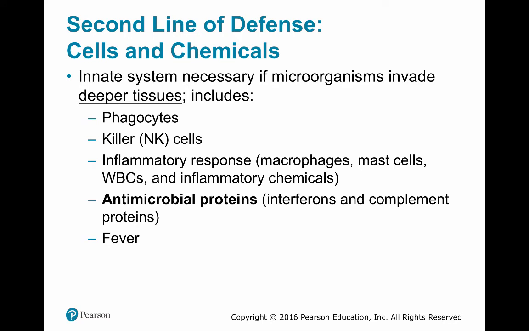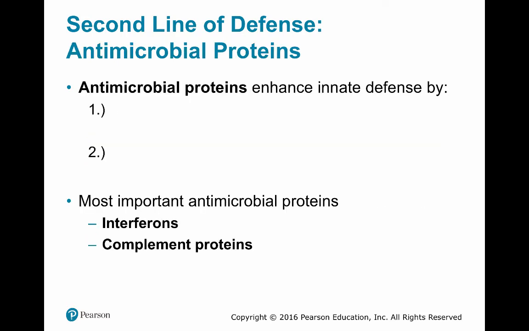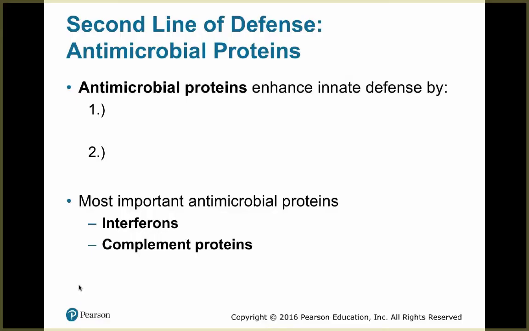So now let's talk about, and we are almost to the end of looking at the second line of defense, and then we're going to take a break, and then we'll go in and look at the third line of defense to finish up the section. But let's talk about antimicrobial proteins, interferons, and complement proteins. And so antimicrobial proteins enhance innate defenses by two things.